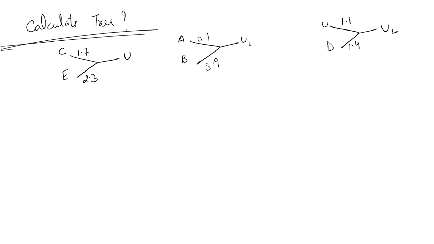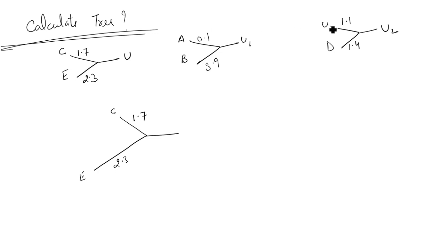Now we have to merge these trees. If you merge them, first start with CE. So this is C, this is E. C is 1.7 and E is 2.3. Now this is your U. Now we have to merge over here.